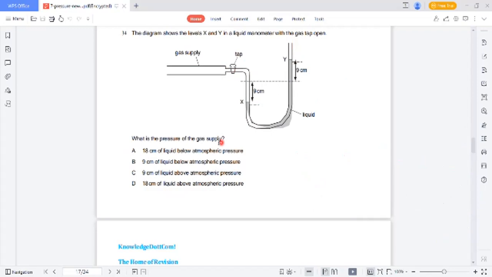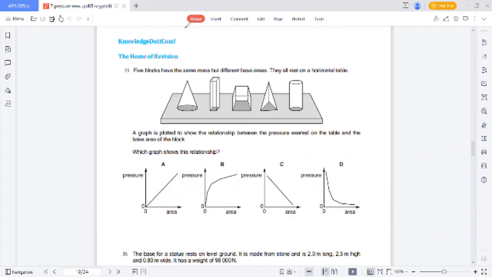Okay. Next is 5 blocks have the same mass, like suppose 1 kg, 1 kg, 1 kg, 1 kg. But different base areas, this area, this. They all rest on a horizontal table. So suppose their mass is 2 kg.